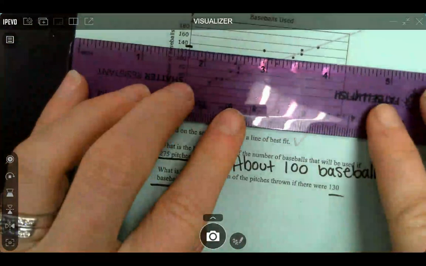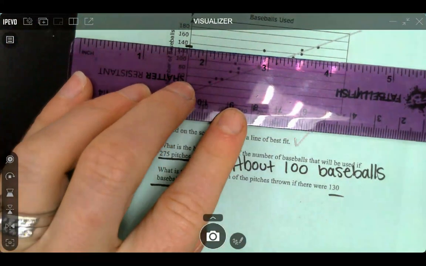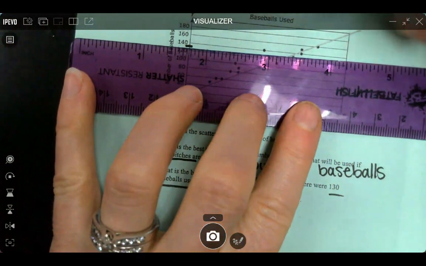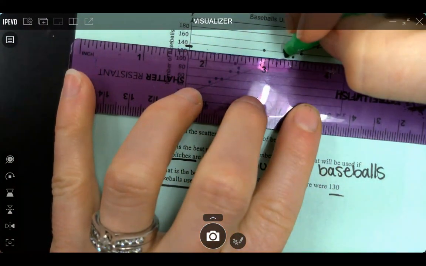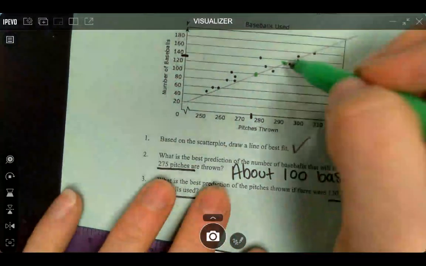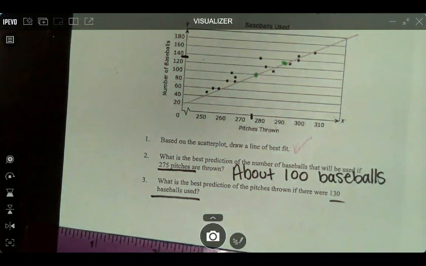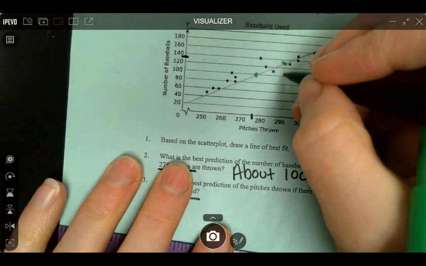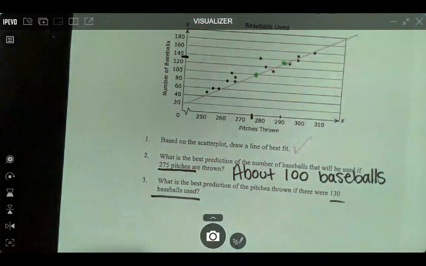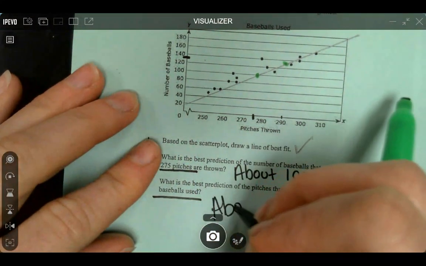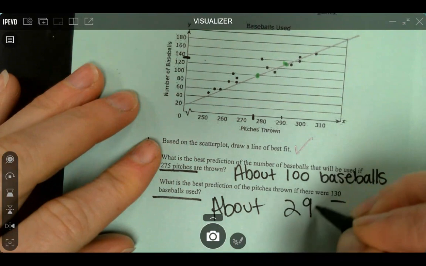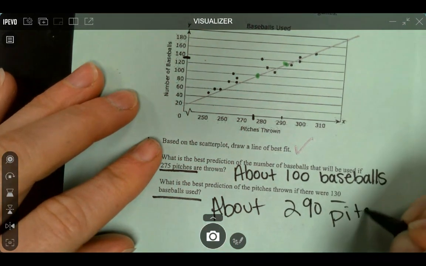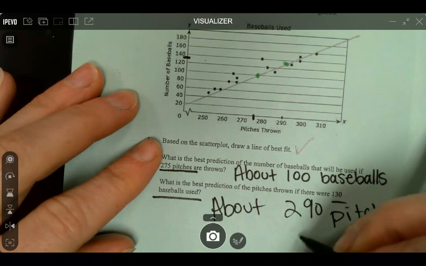I can use my ruler to go over and find where it reaches the line. So plot a point there. What would that go down to? About 290? About 290 pitches thrown.